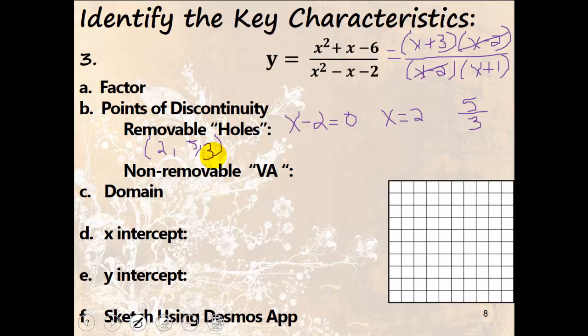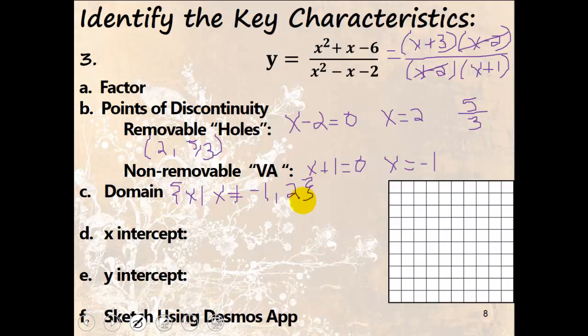My non-removable, these are going to create the vertical asymptotes. See how I cannot cancel the x plus 1? So that means that x plus 1 equals 0. So that means x equals negative 1. That's a vertical line at x equals negative 1. The domain can be any x except whatever creates a hole or a vertical asymptote. So I'm going to say except x cannot equal negative 1 or 2.